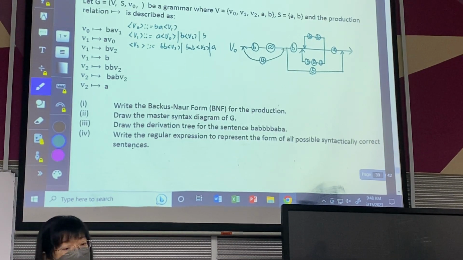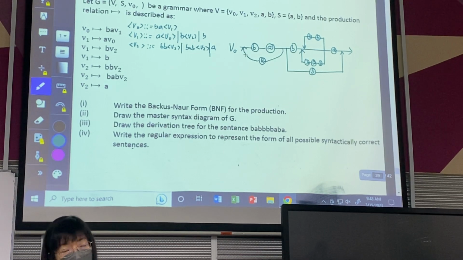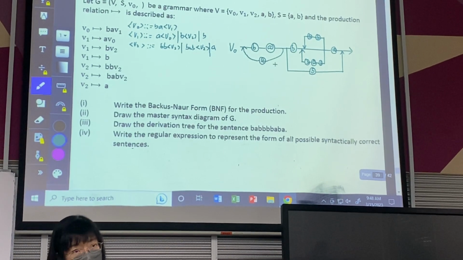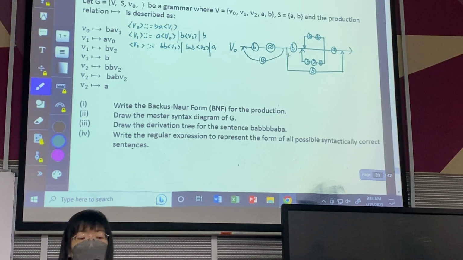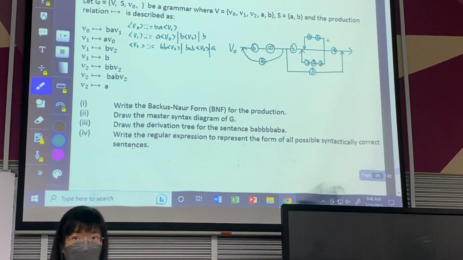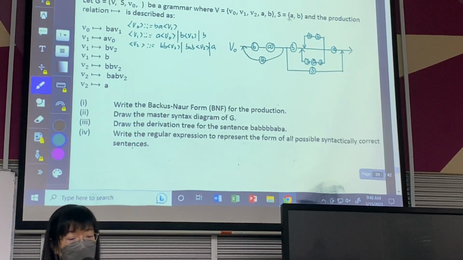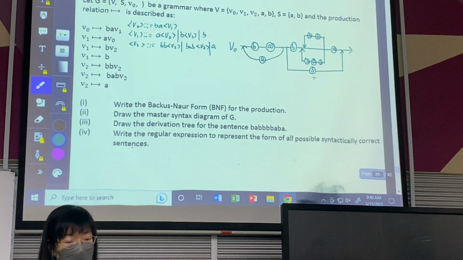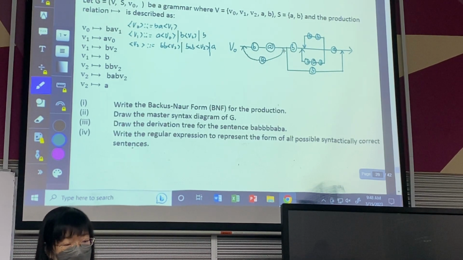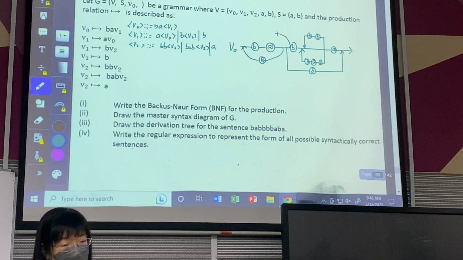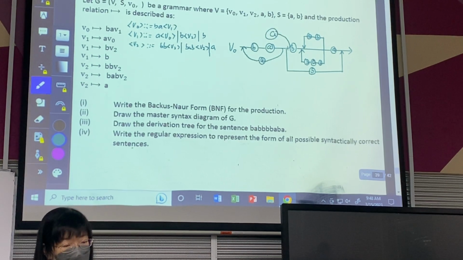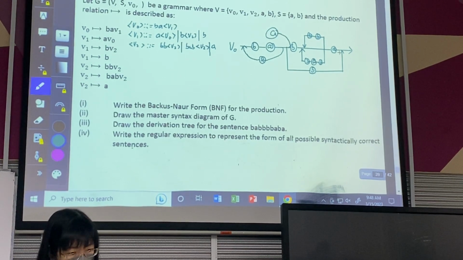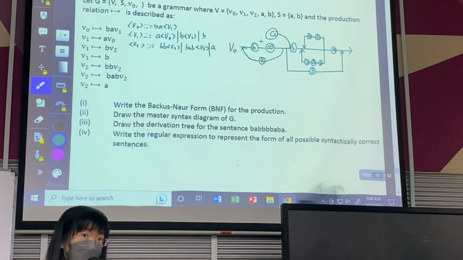And the A loop back to V0, it must be before the B going out. Because if you draw the B line first and this loop is after, you are going out already, you cannot go back to A anymore.